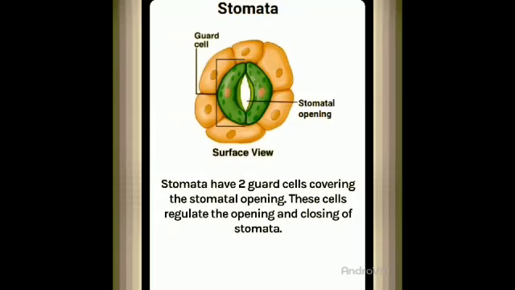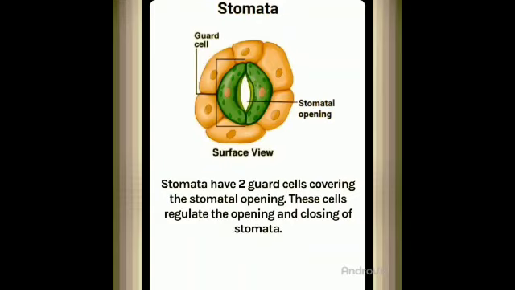So stomata have two guard cells covering the stomatal opening, and these cells regulate the opening and closing of the stomata. If I ask the question, which cells are responsible for the regulation of opening and closing of stomata, then your answer will be: guard cells.